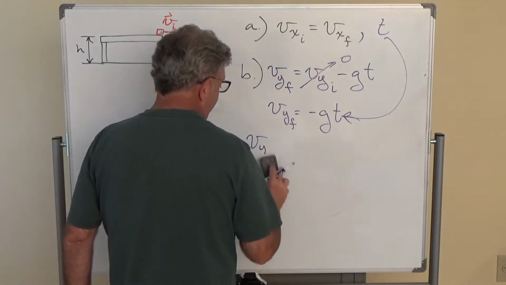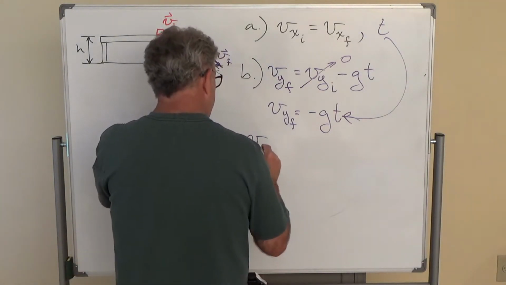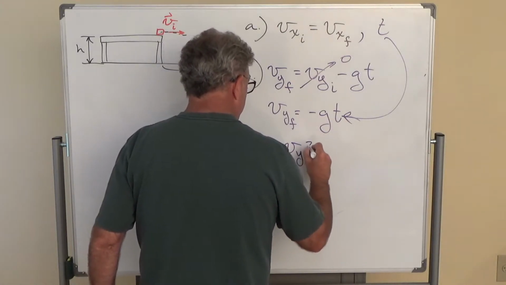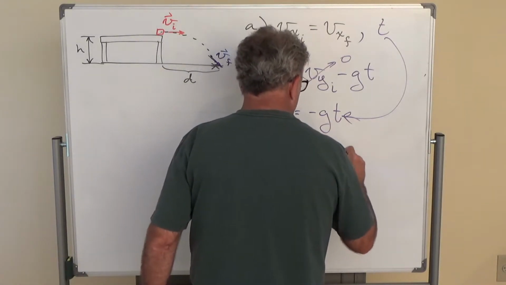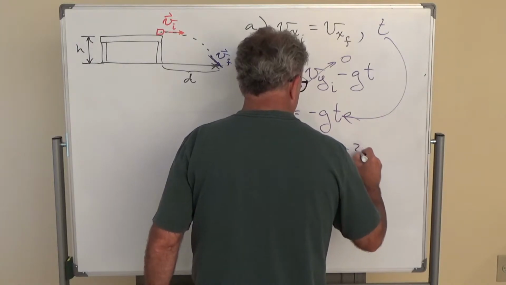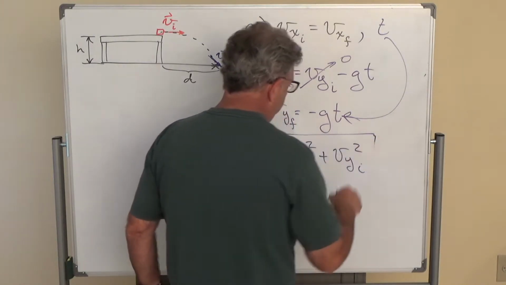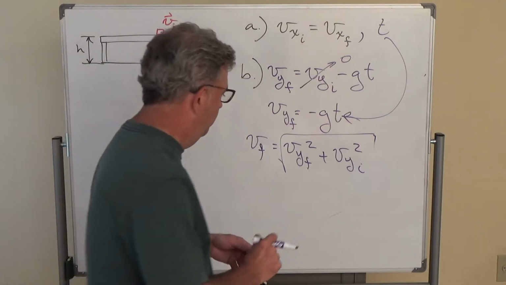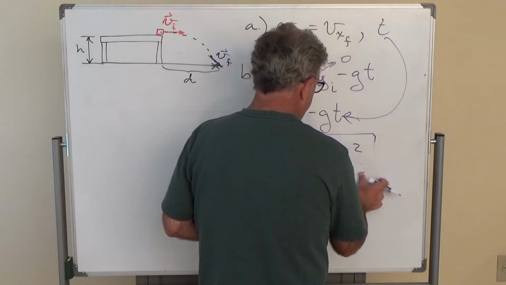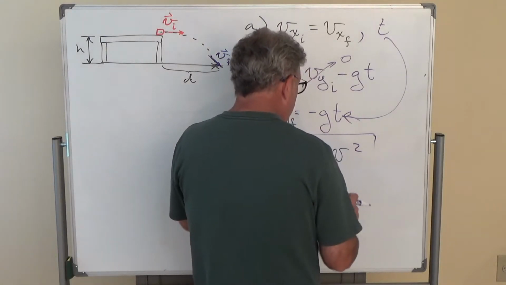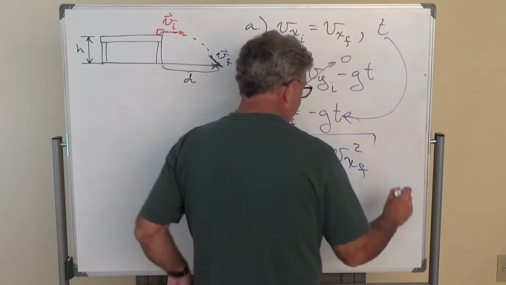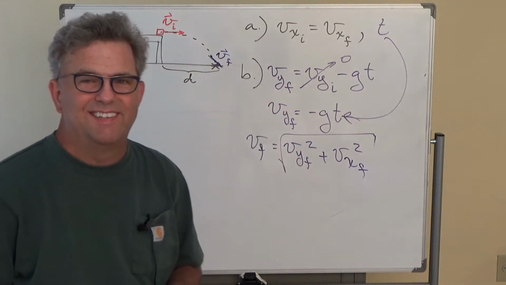The magnitude of V final is equal to the square root of Vy final squared plus Vx final squared. Sorry.